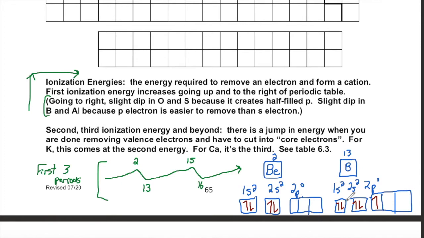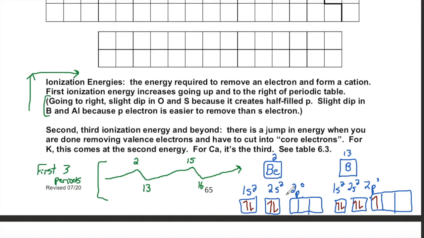This makes sense looking more closely at the orbital diagrams here. The electron that you have to remove from boron is a p electron, and it's all alone, and it's a little bit further from the nucleus than the s electrons. So that one is a little bit easier to pick on than for beryllium, where you would have to pick on one of these 2s electrons, which is paired and full.